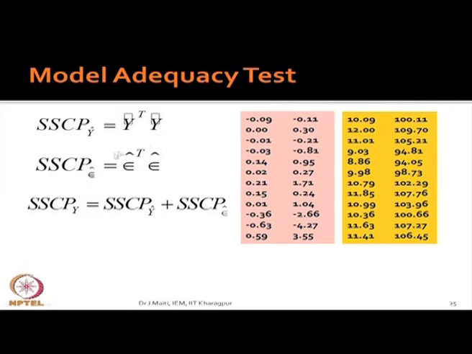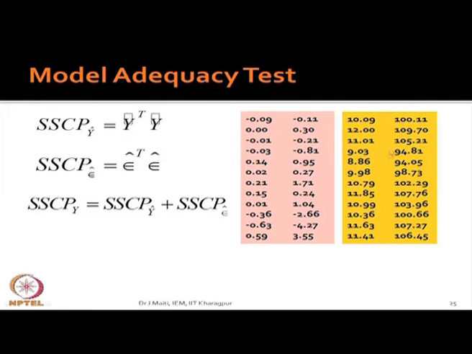This data can be used to find out this 2 cross 2 SSCP matrix. Now, what is this one? This is the predicted one, which is y cap. This predicted one, when subtracted from the actual y value, gives this residual. So, this can be used to find out this SSCP y. Now, SSCP y will be SSCP y cap plus SSCP epsilon cap.